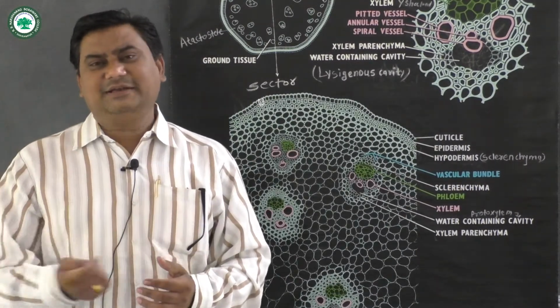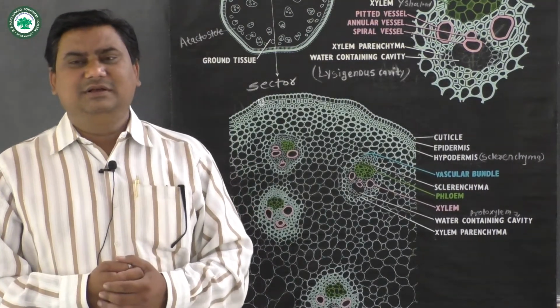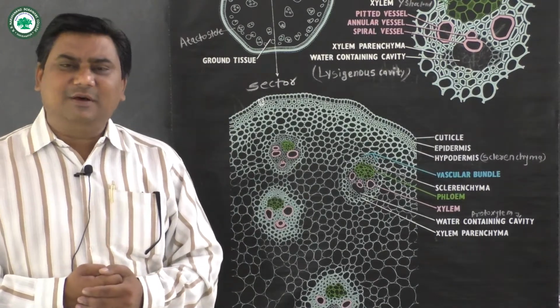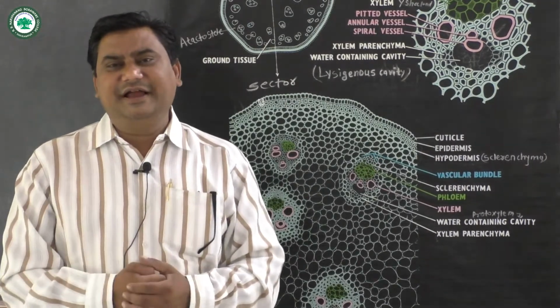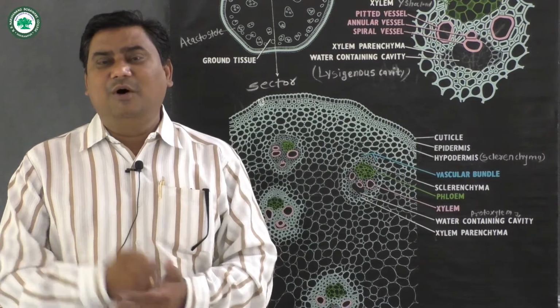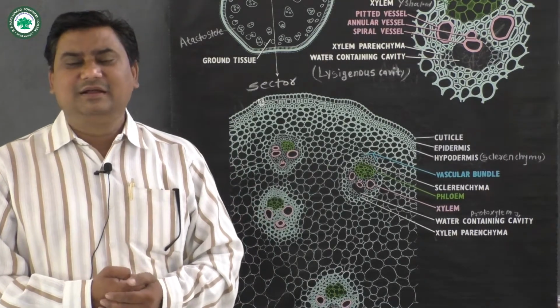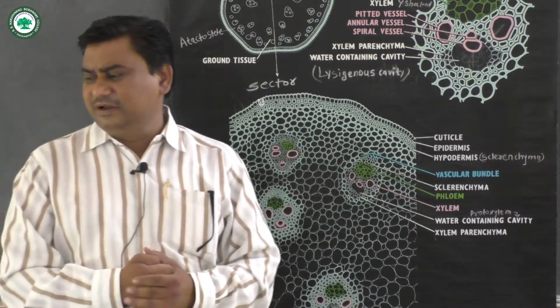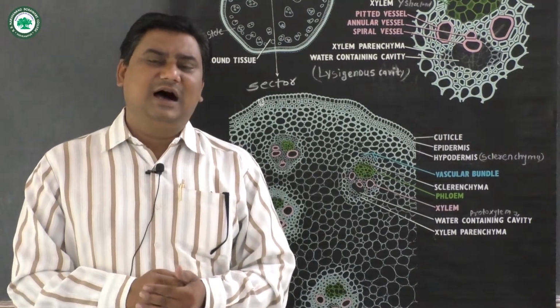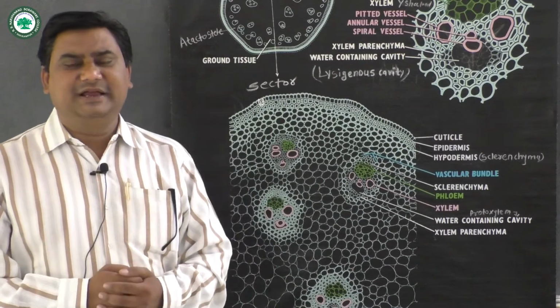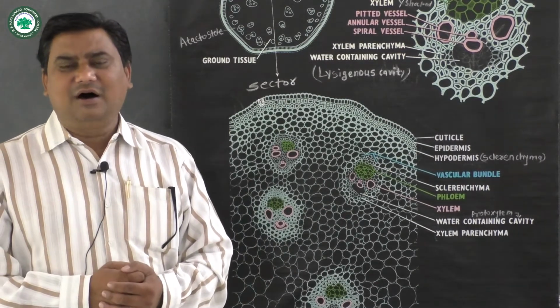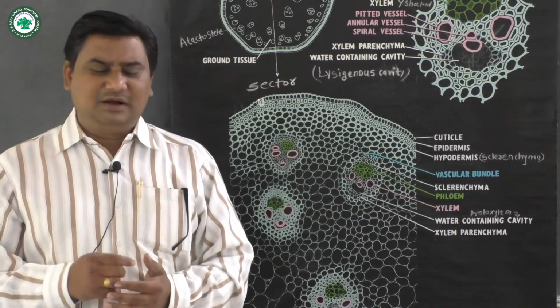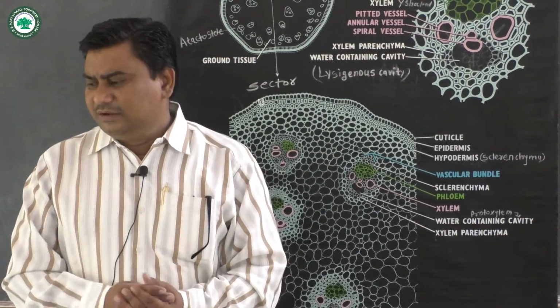But in the dicot stem, the vascular bundle is conjoined, collateral, open type. Again it is endarch and open type, so cambium is present, so there is the occurrence of secondary growth.